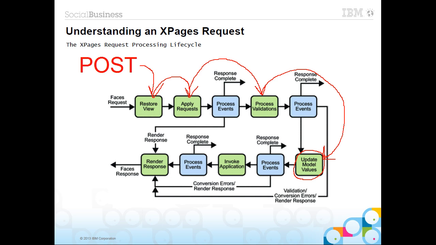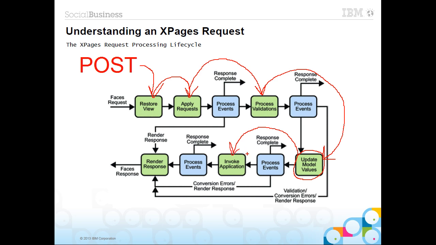So for example, the name of Sam Brooks in the name field is now applied against the component's own local value, but also set upon the domino document binding on that particular name input field as well. So when the update model values phase has completed, the XPages runtime is then allowed to proceed to the invoke application phase.